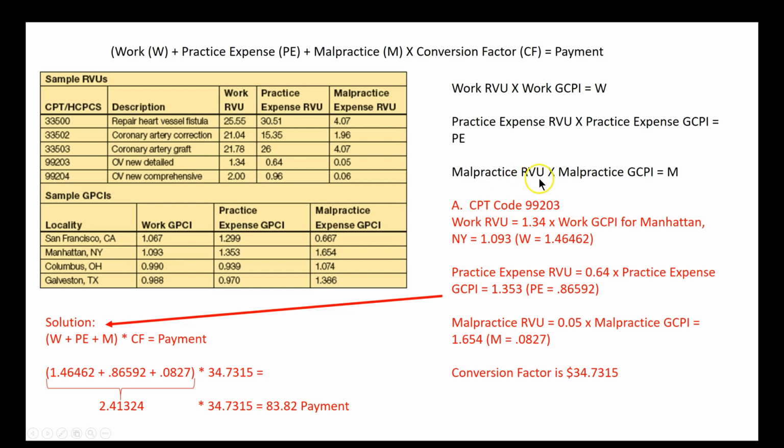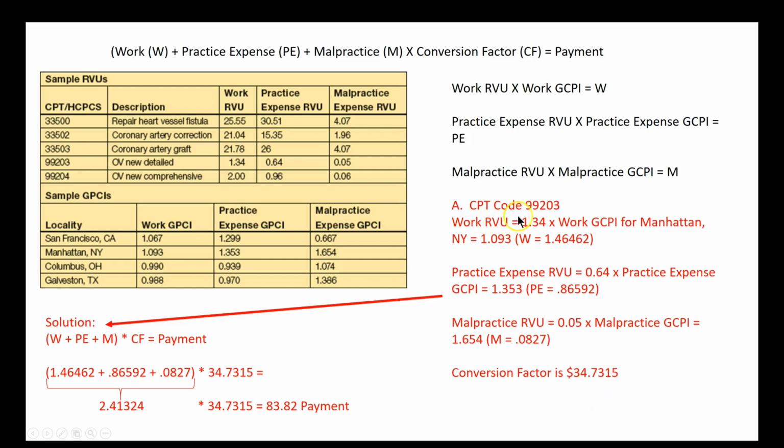And the malpractice relative value unit times the malpractice geographic index will give you the malpractice component of this formula. Now we multiply all of that times a conversion factor. The conversion factor for all of the problems in this thinking it through is 34.7315. Now I do caution you, do not round off anything until you have completely finished all of the calculations.